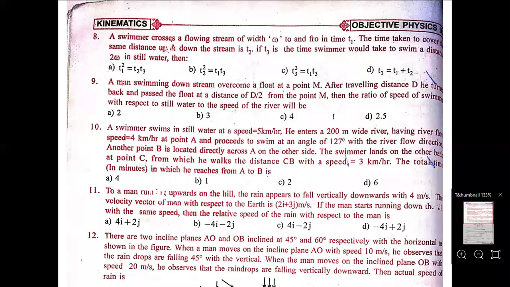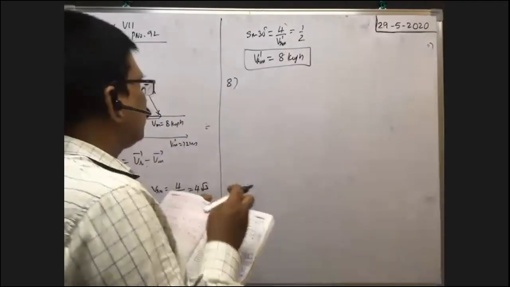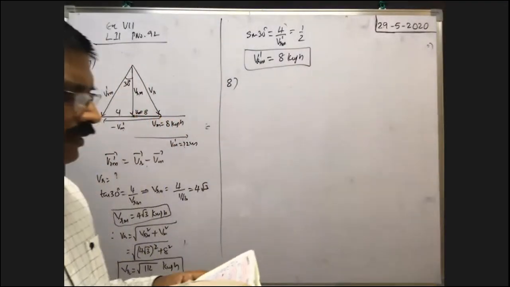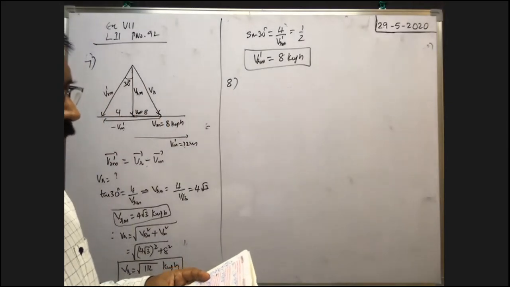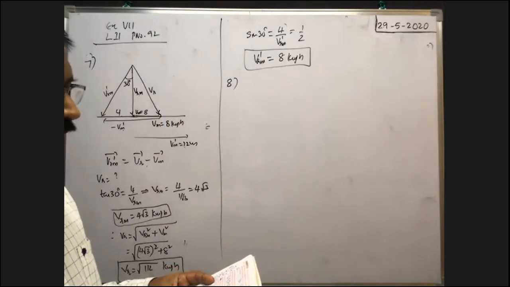If T3 is the time the swimmer would take to swim a distance of 2 omega in still water, then... Okay, all of you look at the board. Eighth problem.